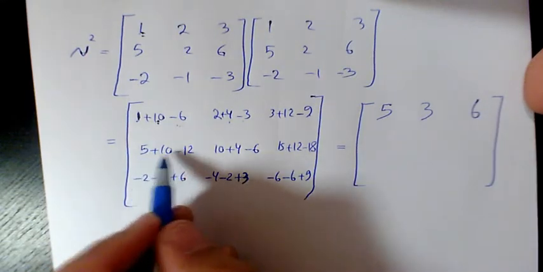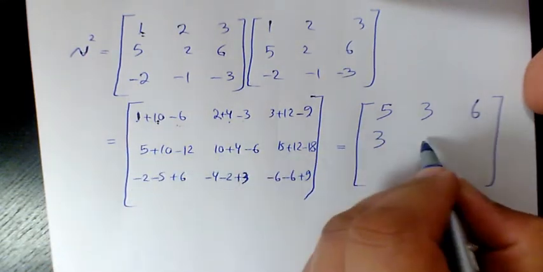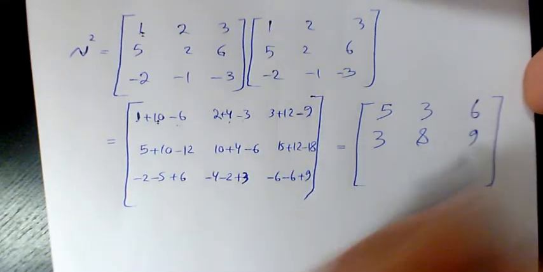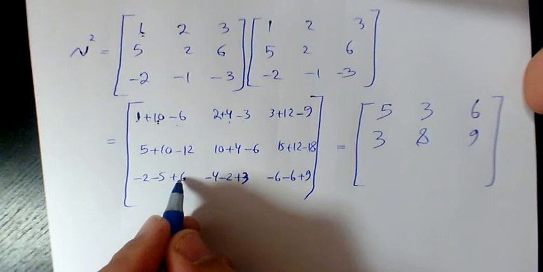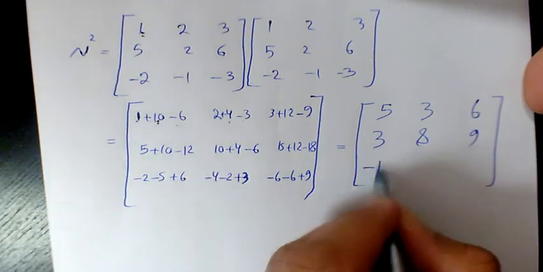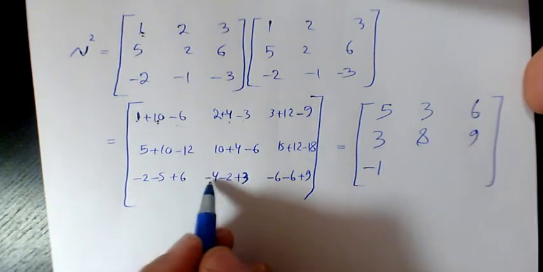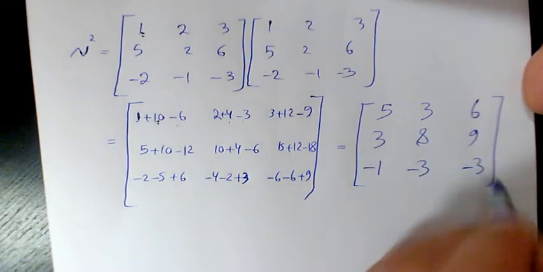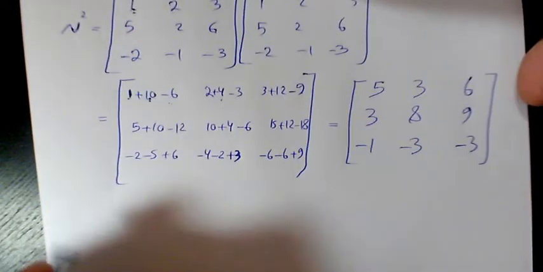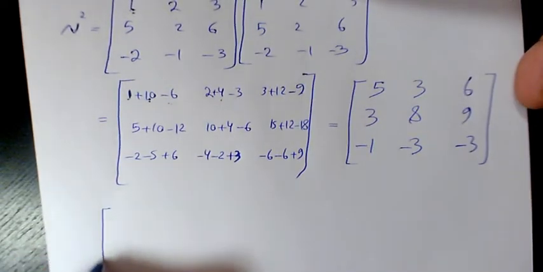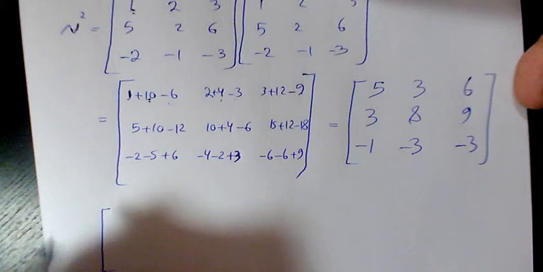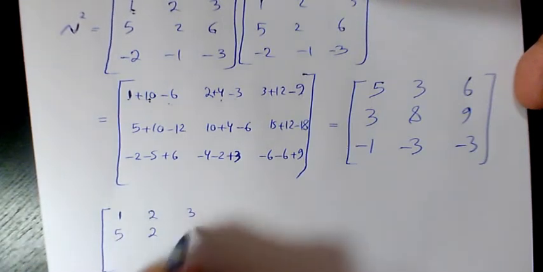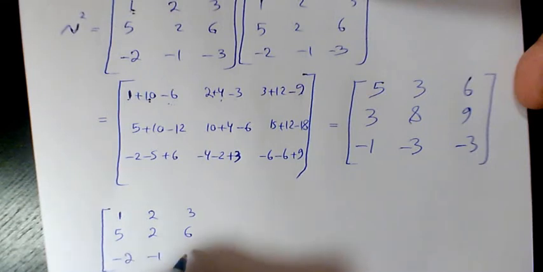We have 3, 8, 9, negative 1, negative 3 and negative 3. Then you multiply it by another N, which is [1, 2, 3; 5, 2, 6; negative 2, negative 1, negative 3].